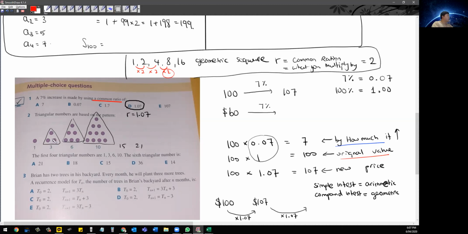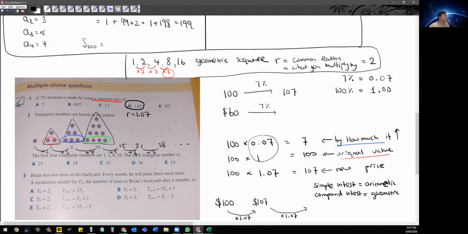This is 2 more than that, this is 3 more than that, this is 4 more than that. So here you're adding +2, +3, +4, +5, +6. If you do +7, then you get 28, etc. So these are triangular numbers.